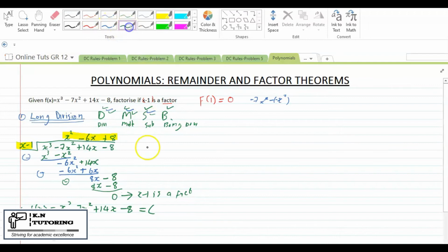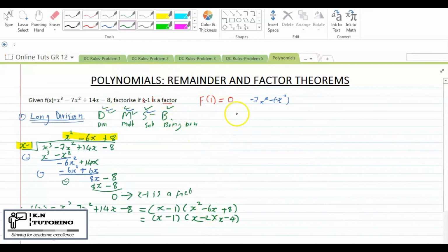So my first factor is going to be x minus 1, and then inside the big bracket I'm going to have x squared minus 6x plus 8. We can factorize this further and say x minus 1, and then x, factors of 8 are 4 and 2, negative, and that is one of the factors.